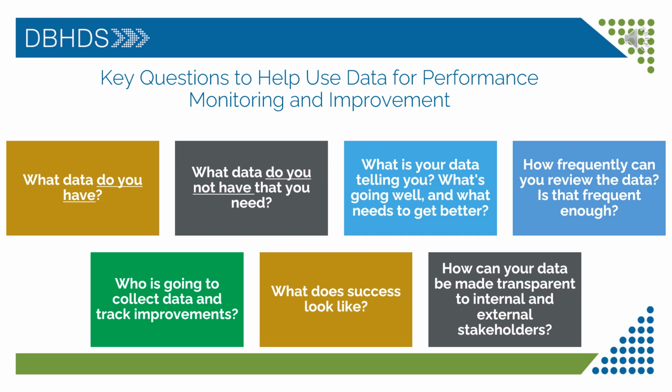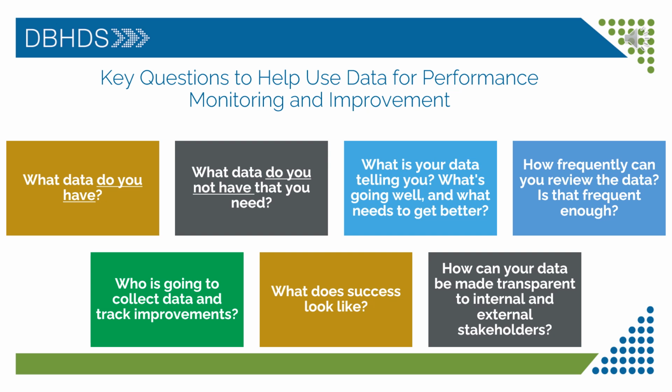Next, a key question, what does success look like? This might be a team discussion because you may not know at the beginning what is a successful outcome. Say your result is currently at 40%. Is that good or bad? What does success look like to you? And finally, how can your data be made transparent to internal and external stakeholders?